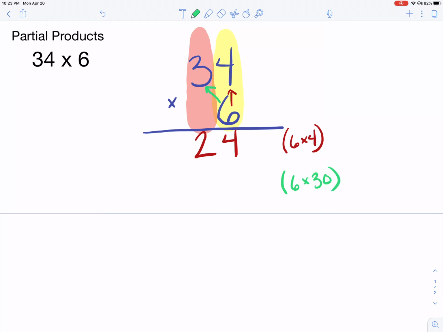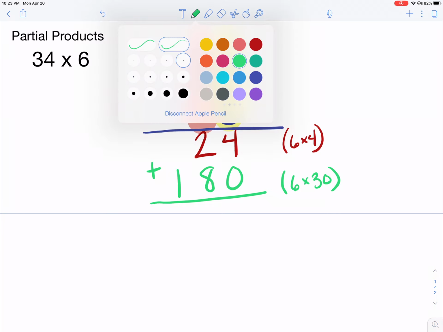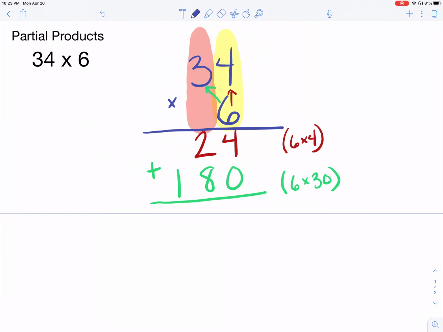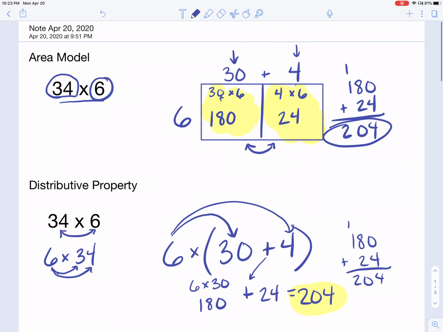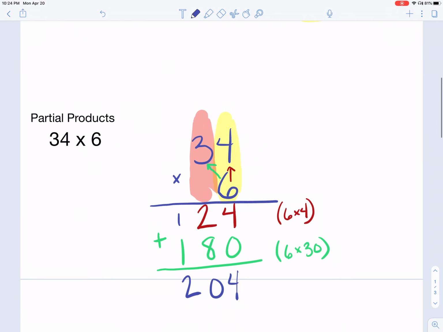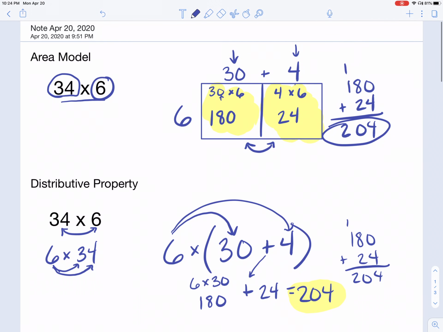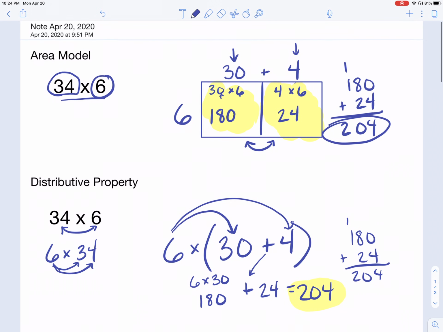That's what I did. And 6 times 30 is 180. I still have to line up my place values. And I'm going to add them right there. And 4 plus 0 is 4. 2 plus 8 is 10. And 1 plus 1 is 2. So really, every single one of these strategies is partial products. But the partial products are in different ways. You're just splitting it up into smaller problems.